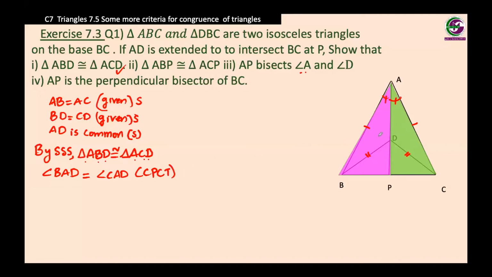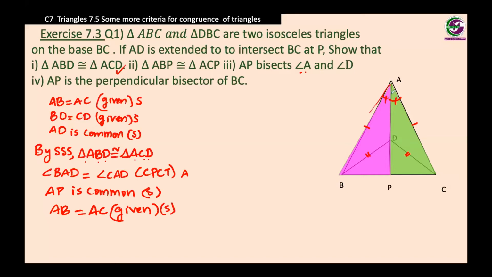So in the purple triangle and the green triangle, we get one angle equal. We have AP is common. In the purple and green triangle, AP is common. So we have a side now. And from the beginning, AB is equal to AC, which is given. So now we have to see which rule.